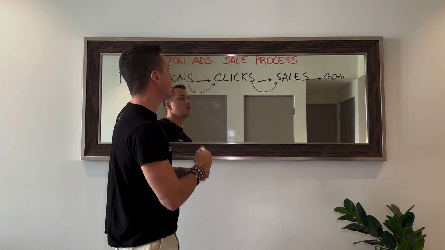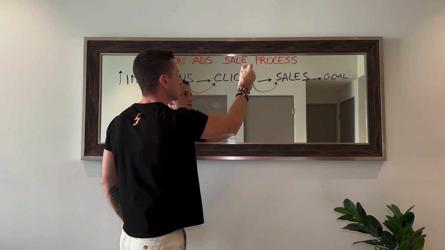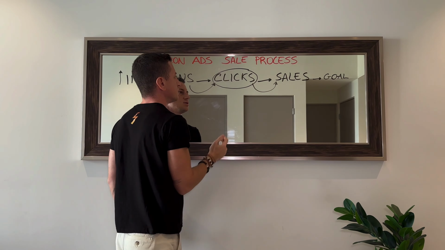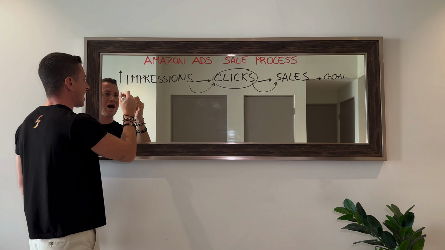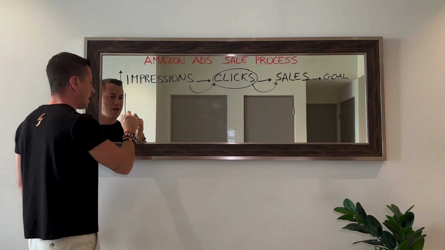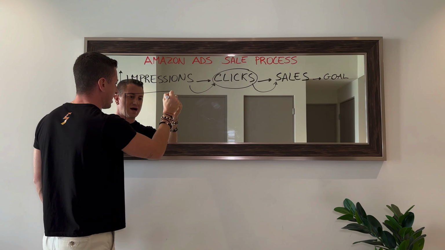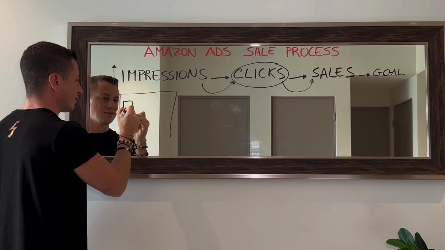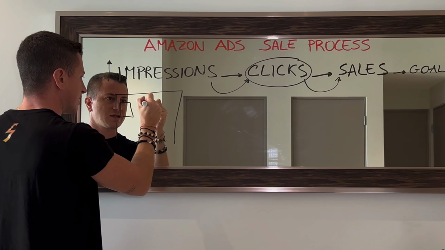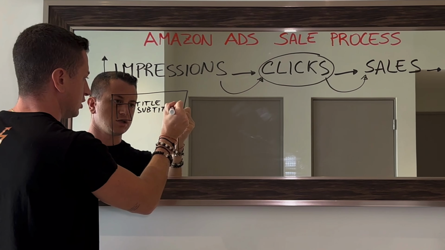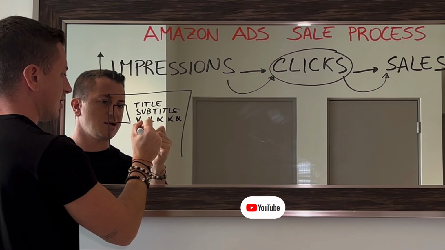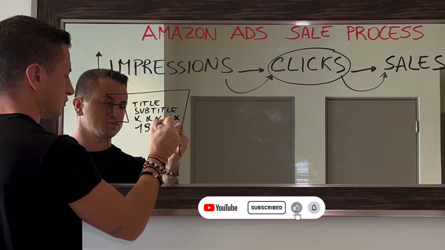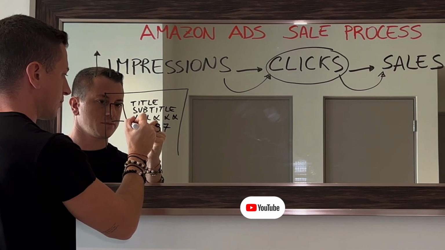Okay, and in this video, we'll talk about clicks, and especially the moment in which we put our campaign in front of our potential customers. So this is our ad with the cover, the title, the subtitle, the social proof, and the price of our book.